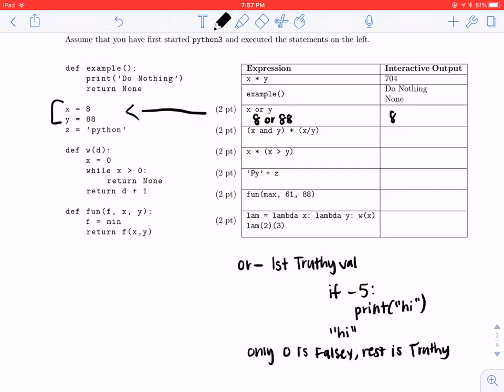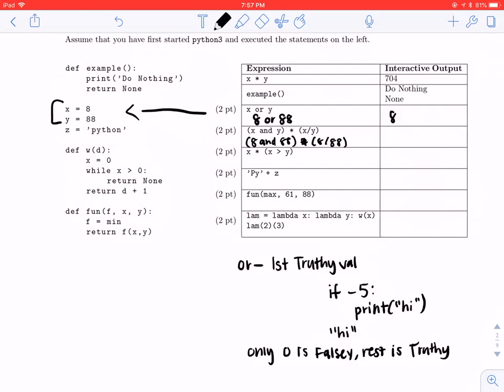We have a similar situation in the next one, where we have 8 and 88 times 8 divided by 88. AND is going to look for the first falsy value, and if it doesn't find any falsy value, it returns the last truthy value.